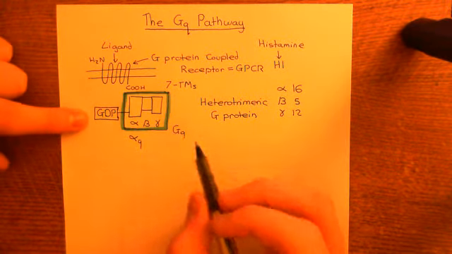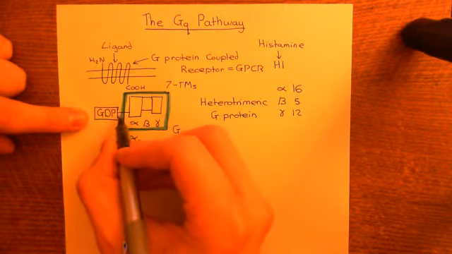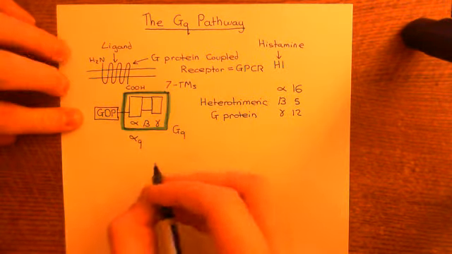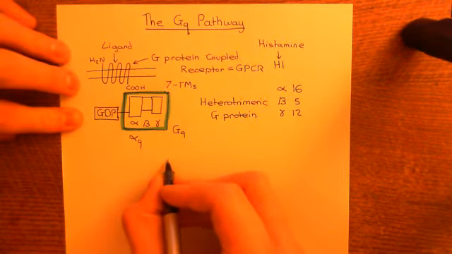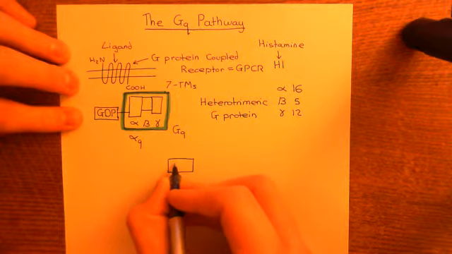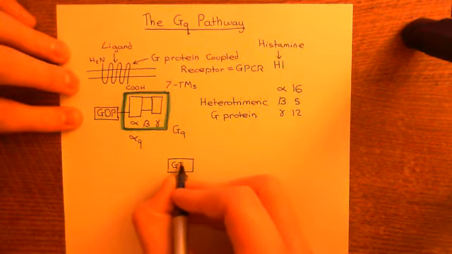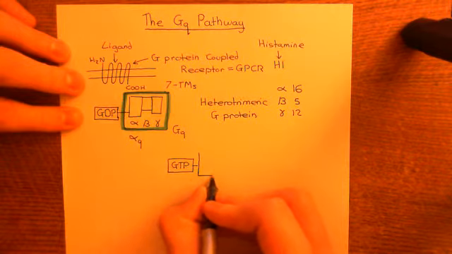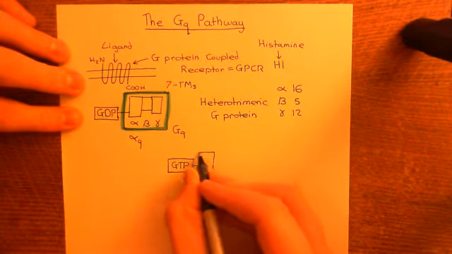What it's going to do is chop off the guanosine diphosphate from the alpha subunit, and bind a guanosine triphosphate molecule onto the alpha subunit. So here is a guanosine triphosphate molecule, and this is now bound to this alpha Q subunit here.